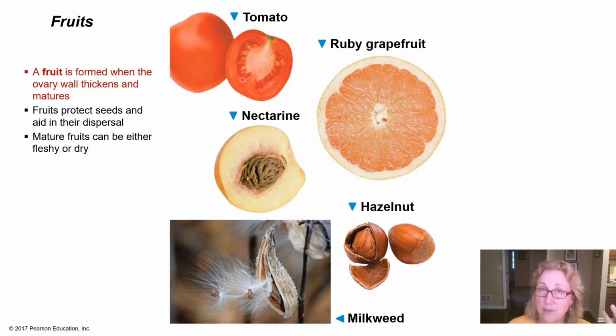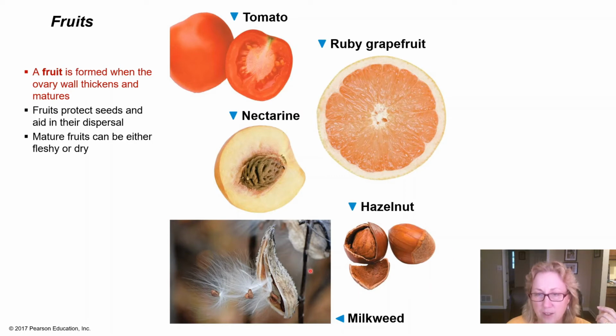Tomatoes are fruits, cucumbers are fruits because they have the seeds inside. If any edible plant has seeds in it, it's a fruit. A watermelon is a fruit, a lemon is a fruit. Anything that has the seeds, that's what the ovary of the plant formed, that's the fruit.